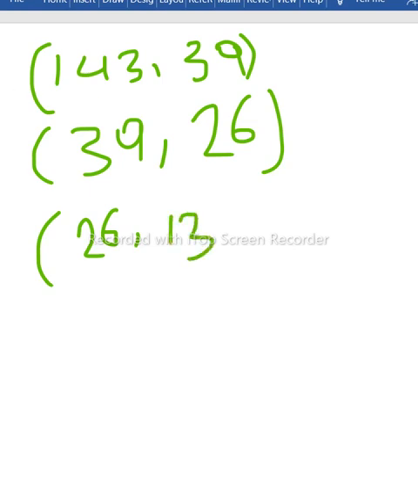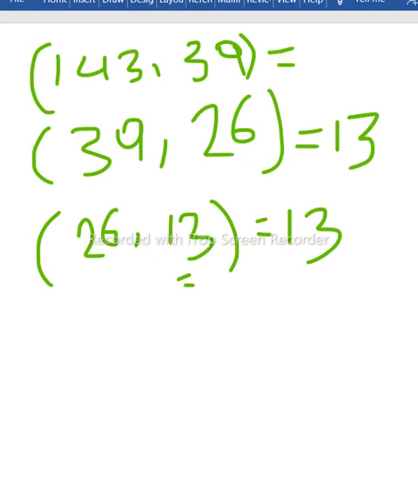So here we have the greatest common factor of 26 and 39. We can divide 26 by 13 and we get 0. The remainder is 0 because 2 times 13 is 26. So now we stop here, and the greatest common factor of these numbers is 13, which we got with the Euclidean algorithm. This is also the same common factor as with the other method.